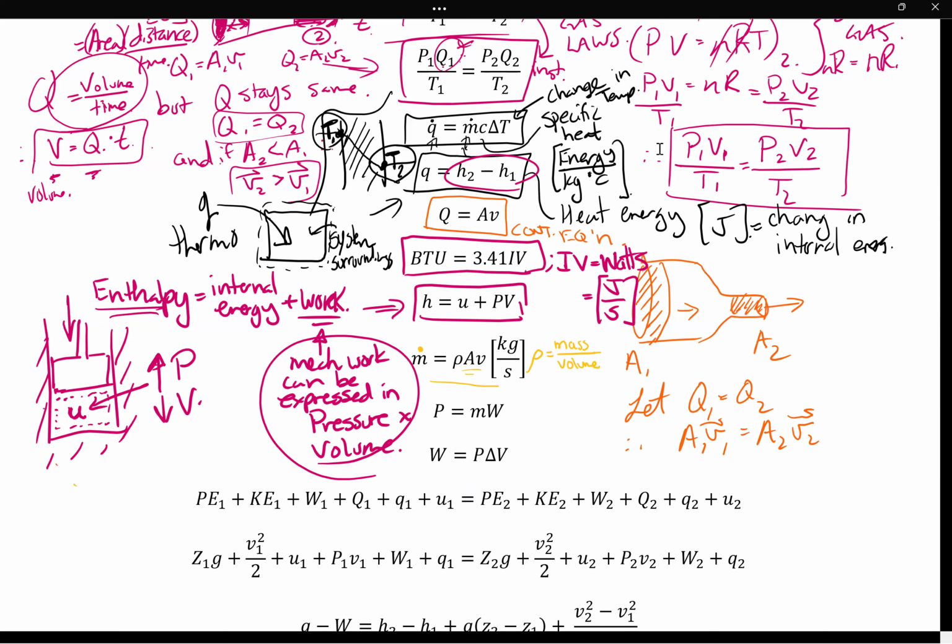So if I'm looking for a mass flow rate, then I would look for a flow rate of that density in that volume, that density over that time as well.